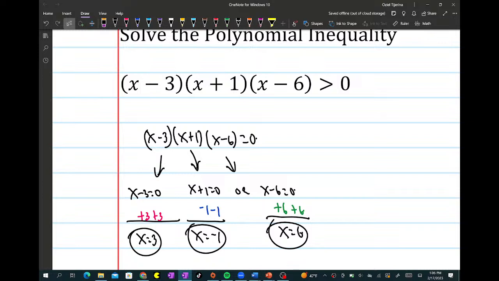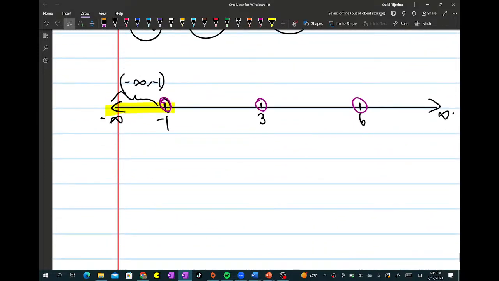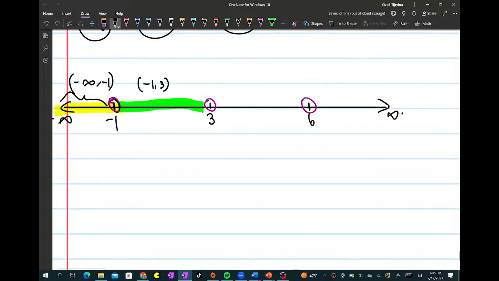Give me a second, guys. Okay. So we have negative infinity to -1, and then the next part, from -1 to 3, with parentheses on both sides.